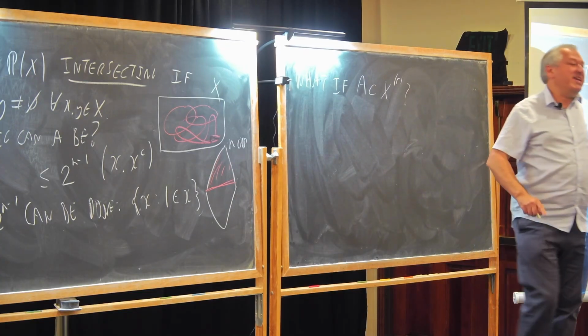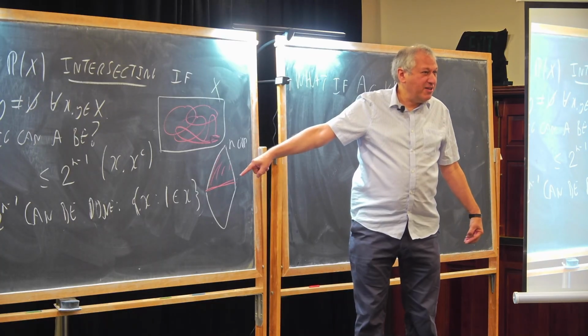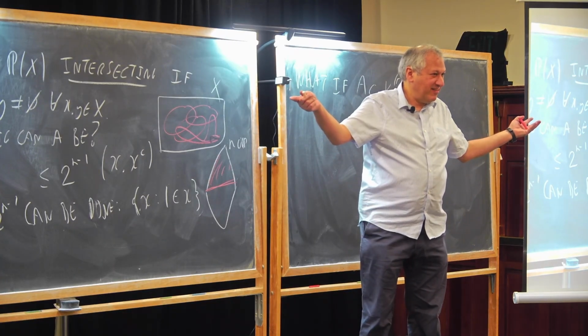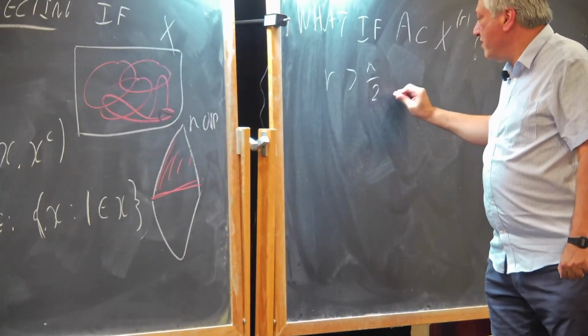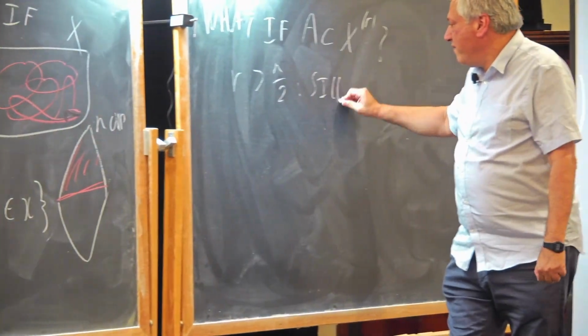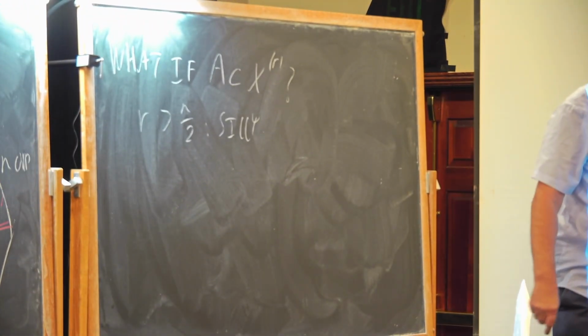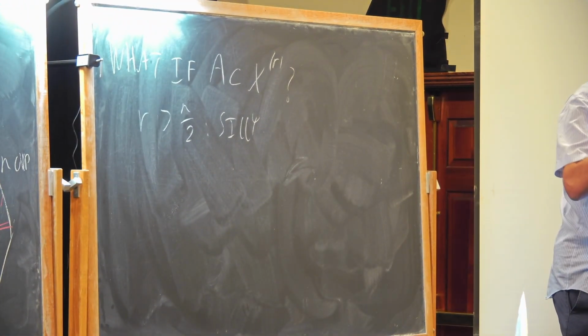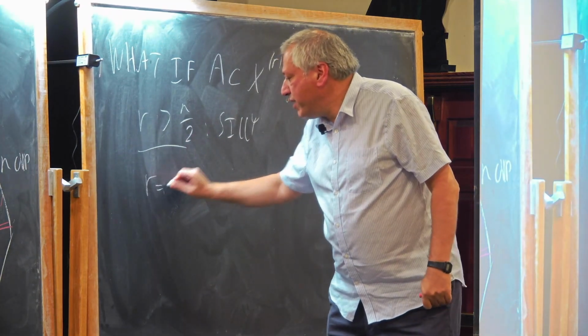Now, I guess there are some silly cases. If you're living in a level above halfway, the answer is take the whole level. So if r is bigger than n over 2, that is silly. You can take everything. And actually, there's another silly case. If you're exactly in the middle, suppose n is even and r is n over 2.